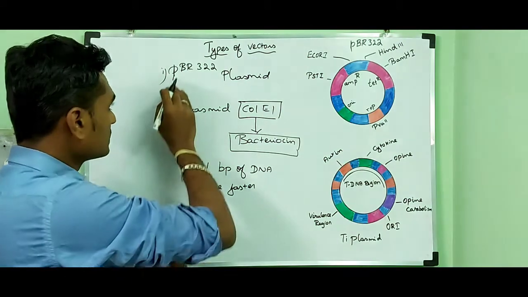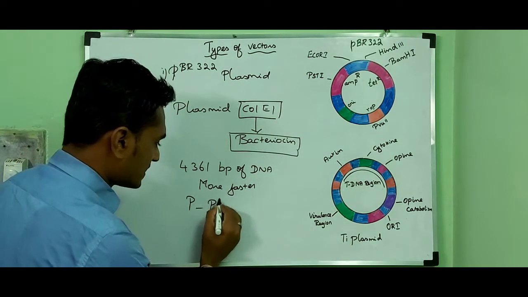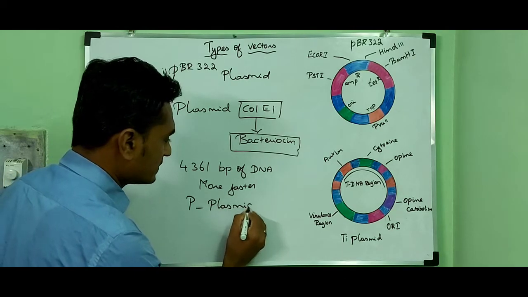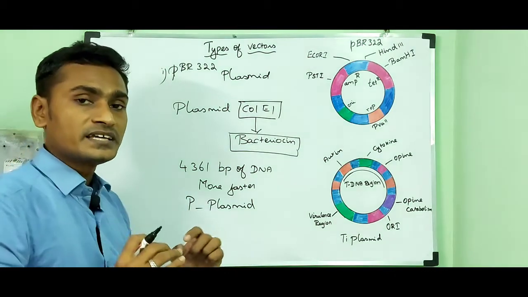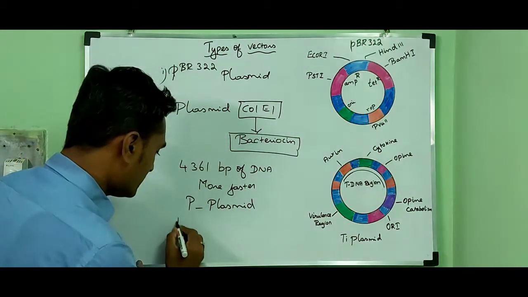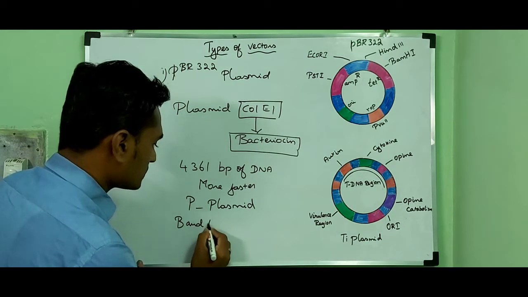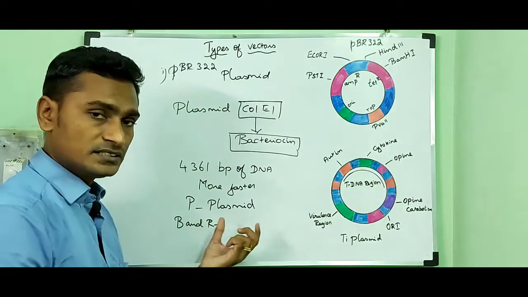Then, P stands for plasmid. B and R stand for the scientists who developed PBR 322.